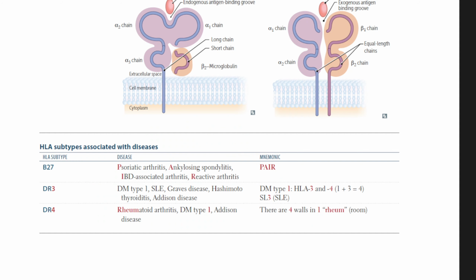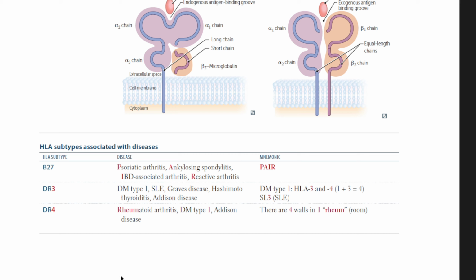Thank you. So next, what we're going to read is human leukocyte antigen subtypes associated with disease. I remember in my old First Aid, it used to be A3, another one, DR5, but I don't know where they put them in the book, they're not here anymore.